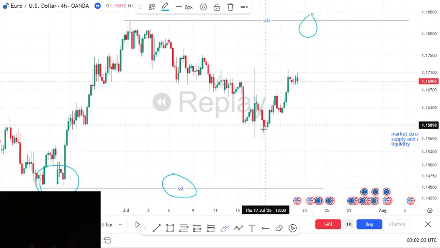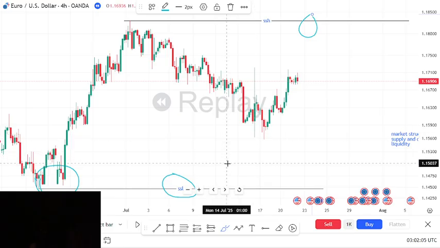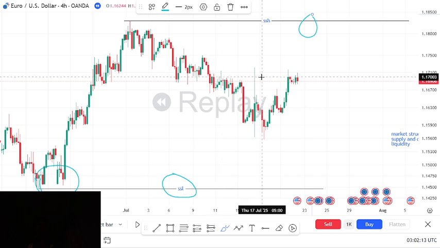We want to choose from where they are swinging from, not to, right? We don't want to trade through their liquidity or against their position. We want to trade with them, right?